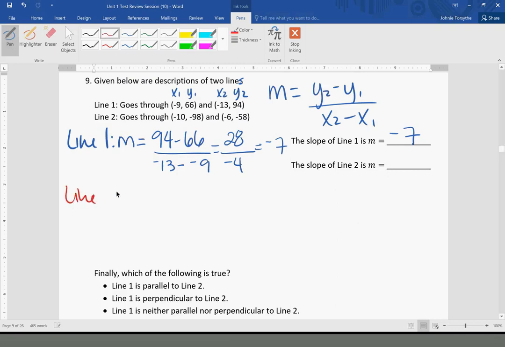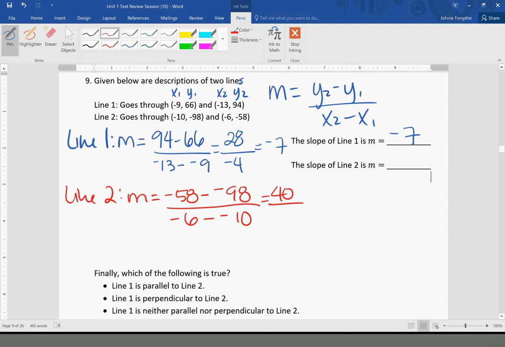Let's get the slope of line 2. So we'll say negative 58 minus negative 98 divided by negative 6 minus negative 10. So negative 58 minus negative 98 equals 40.